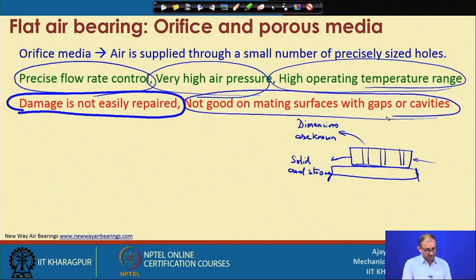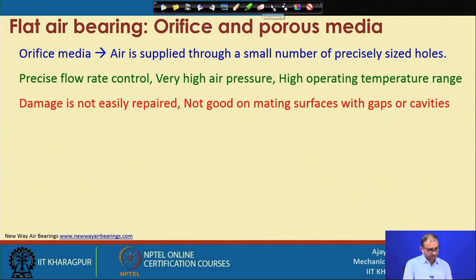It is also not good on mating surfaces with gaps and cavities. Suppose your bottom surface is not completely flat, something like this, then again you end up with variable pressure, and calculation and maintenance of that particular film is very difficult in this case. That is the reason the orifice type of flat air bearing is very difficult to use in particular applications.